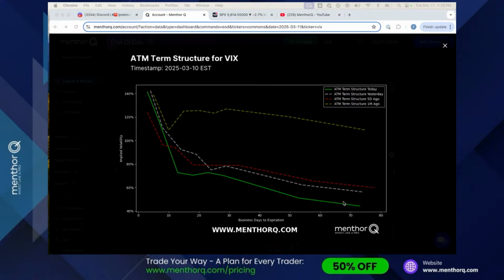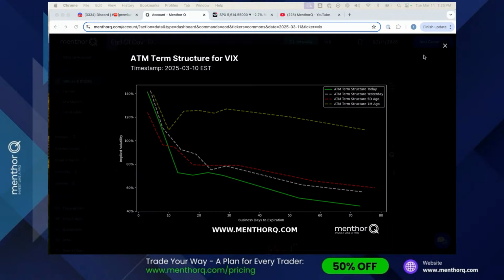And we want to see that look like a Nike swoosh, with it being higher in the back and lower in the front. That's what we want to see. And it makes sense: if volatility is the standard deviation of the expected move, which it is, over time, we would expect the market to move more between now and 3 months than between now and a week.